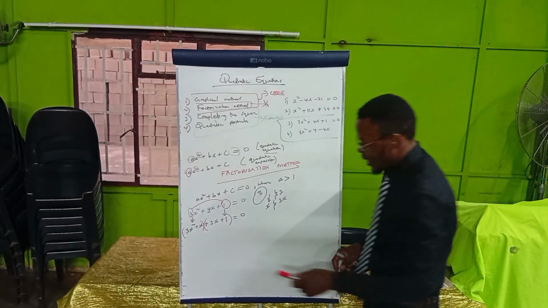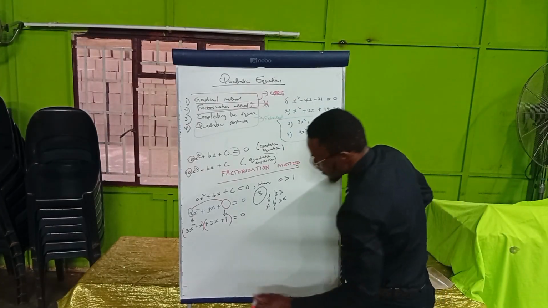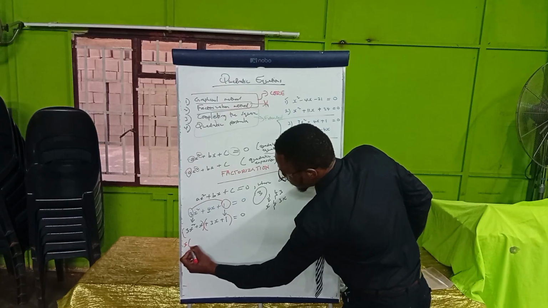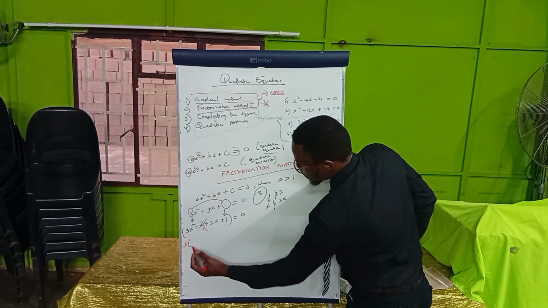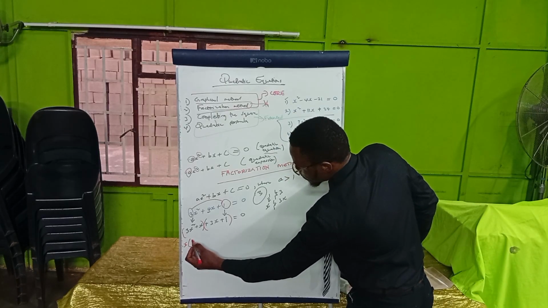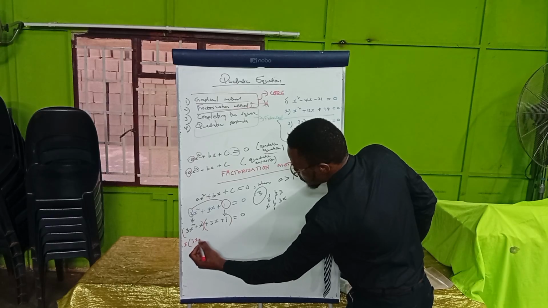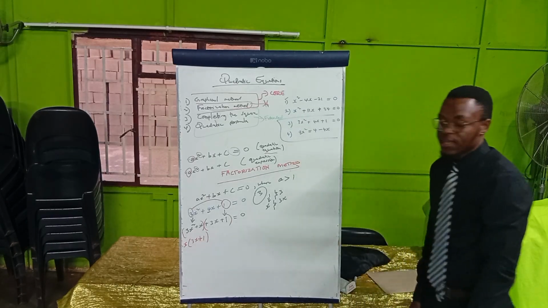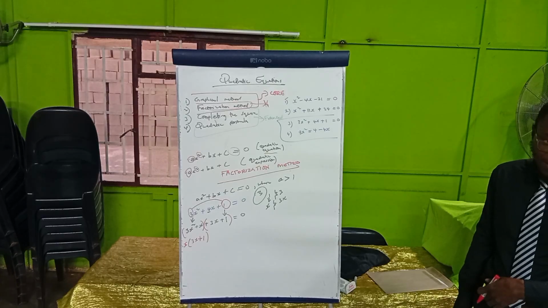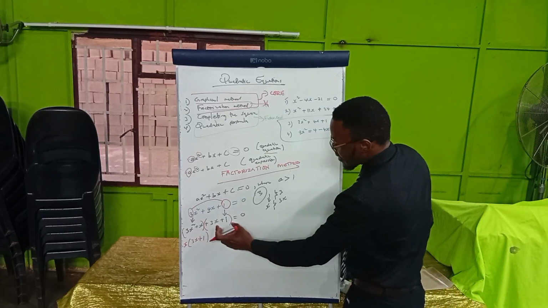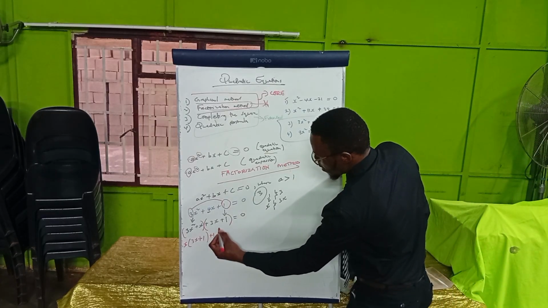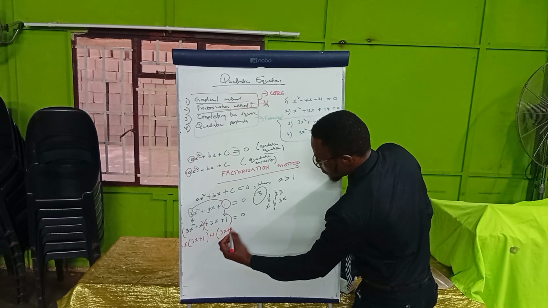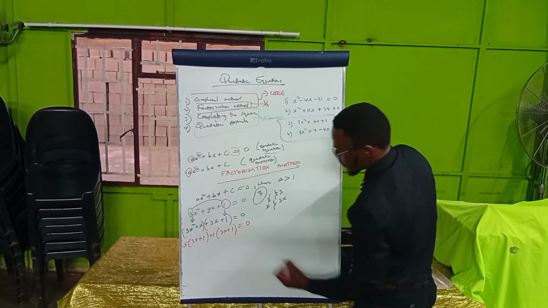The highest common factor is going to be x. So we take out x and remain with 3x plus 1. Then we take out 1 and remain with 3x plus 1, equals to 0.